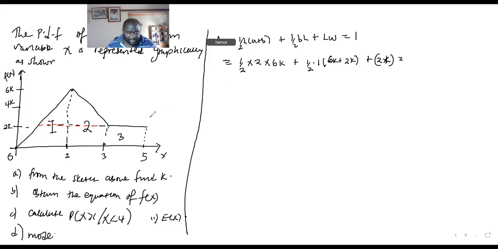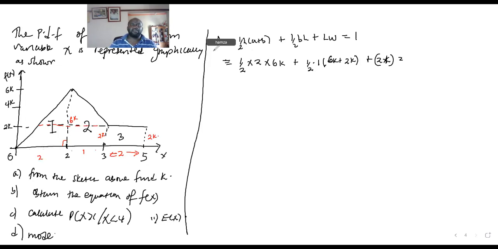Why? Look here. This is 2 in between here. Then this side is 2K. This is the height of the trapezium, which is 1. Then this short side is 2K, then this long side is 6K. This 6K serves as the same height for this right angled triangle, which has a base of 2, times 6K.